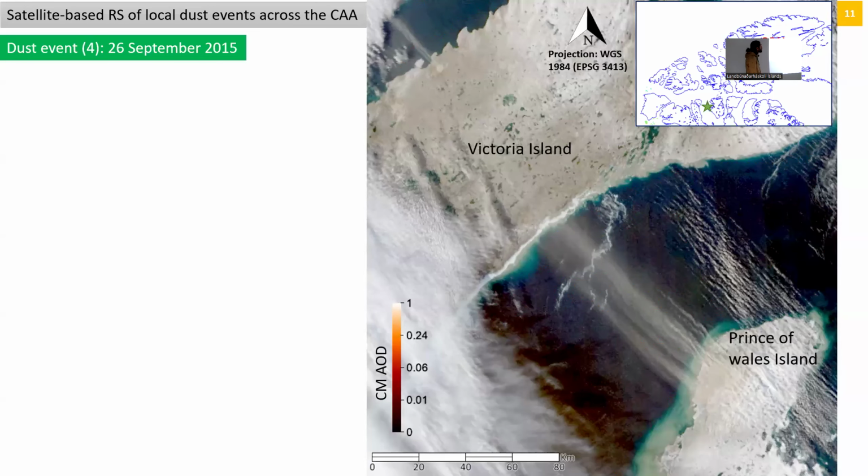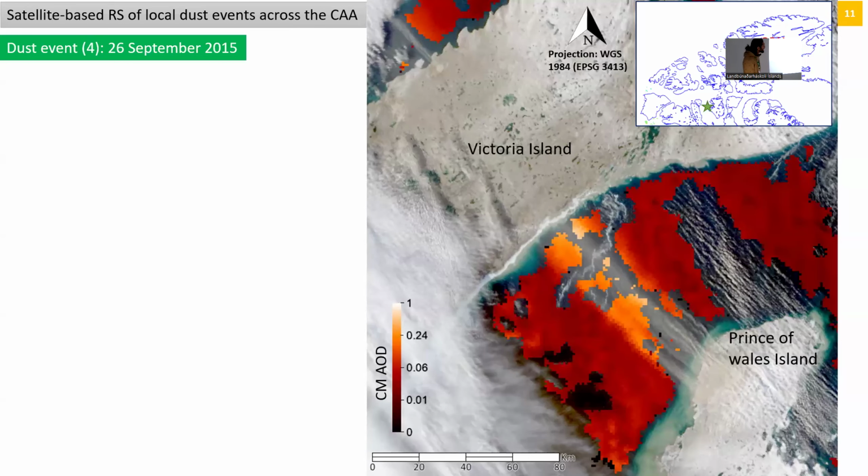You can see the MODIS Terra image of that area on 26 September, I think 2018. Again, the coarse mode optical depths from MODIS products capture the location of the dust plume, which is flowing from Prince of Wales Island toward Victoria Island.